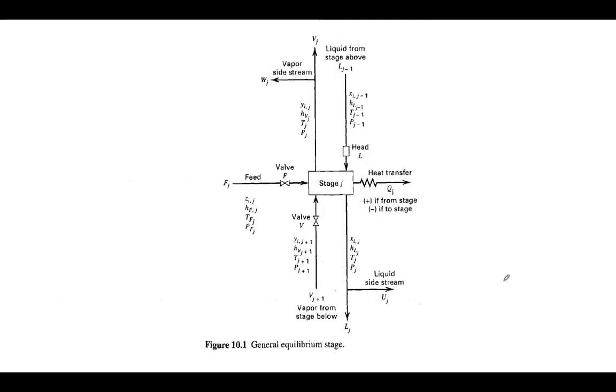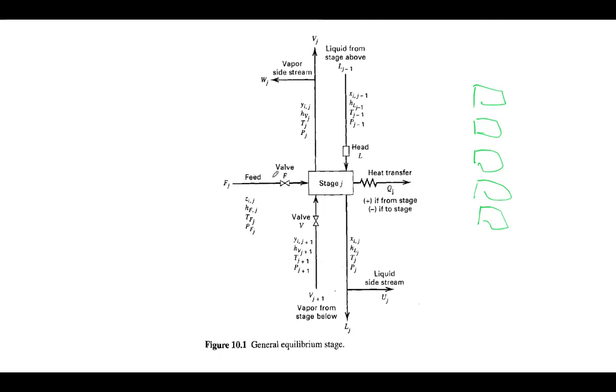Okay, so if we have, for example, stage 1, stage 2, stage 3, stage 4, and so on, in each stage of course we have the feed. We will have the feed F_j, and for example this is the valve.